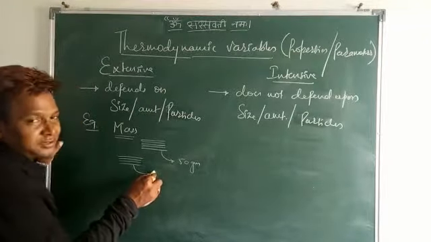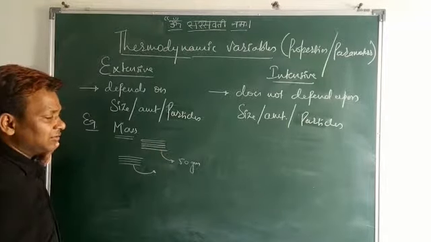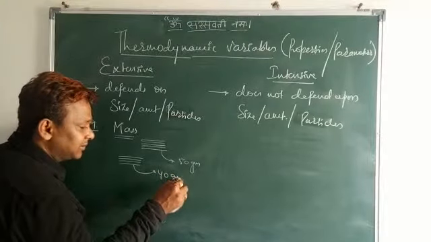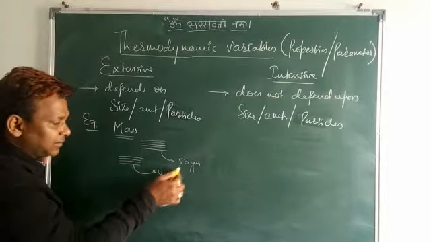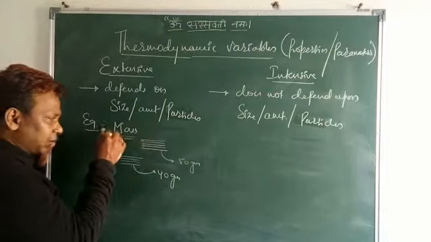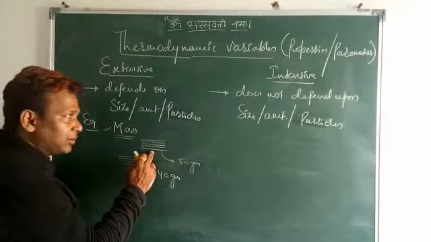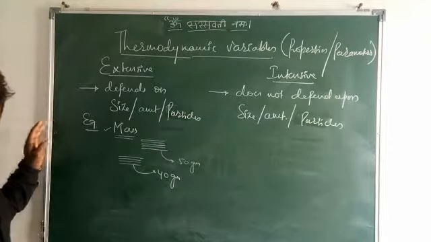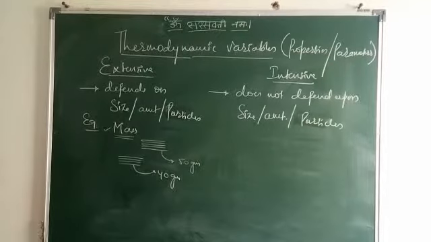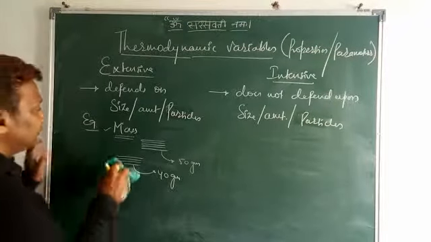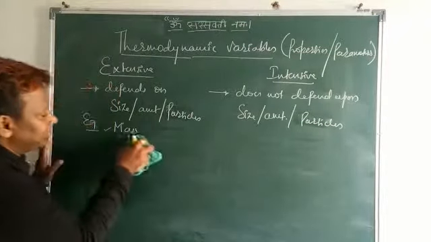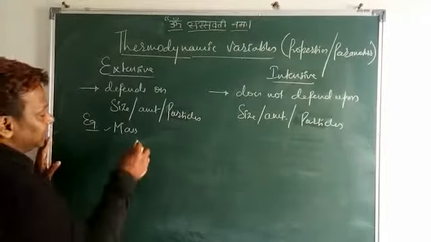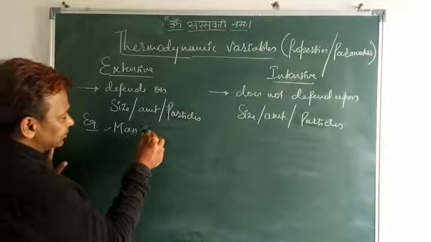What is the mass of the 4 sticks? Obviously 1 stick is 10 gram, total 5 sticks is 50 gram, and now 4 sticks have a mass of 40 gram. By taking out 1 stick, the mass changes. Mass is a property which depends on the number of particles, on size, on amount. So a property which depends upon the size, amount, or particles is called an extensive property. Mass is one example of an extensive property.